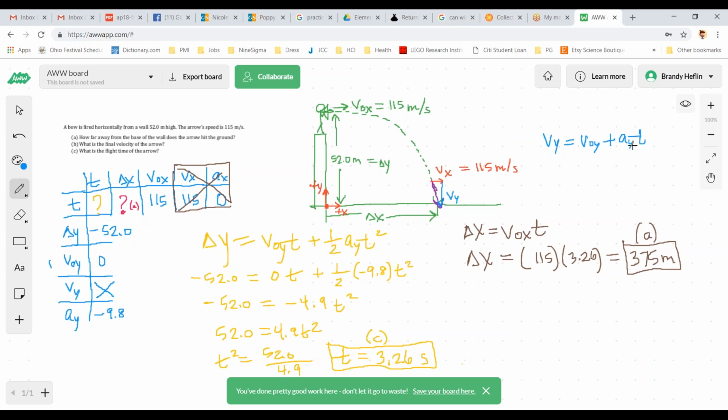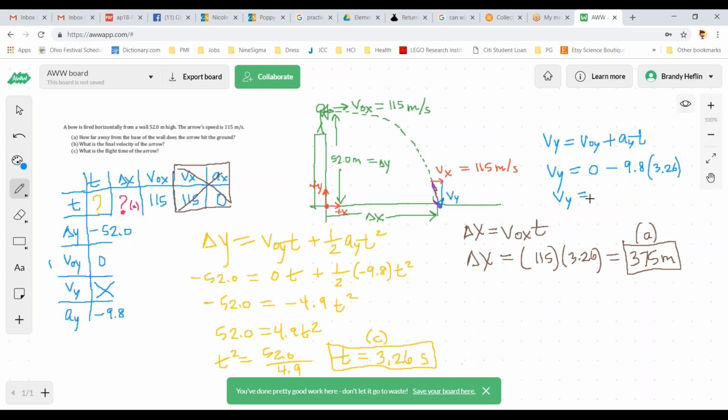So final velocity equals initial velocity plus acceleration times time. So we know that the arrow was not moving vertically at the start. We know it had an acceleration of 9.8 meters per second squared downward, thanks to gravity. We know that it was in the air for 3.26 seconds.